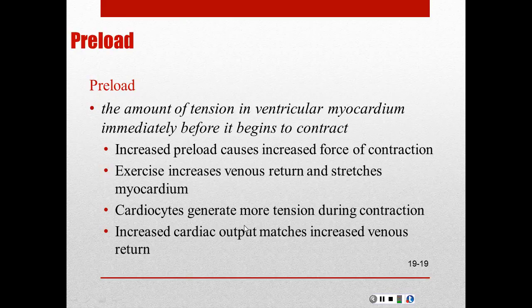As the active muscles massage the veins, they drive more blood to the heart, which increases venous return. Increases in venous return stretch the myocardium, and because of the length-tension relationship, moderate stretch enables the cardiocytes to generate more tension upon contraction. So we have a more forceful contraction that will expel the blood.